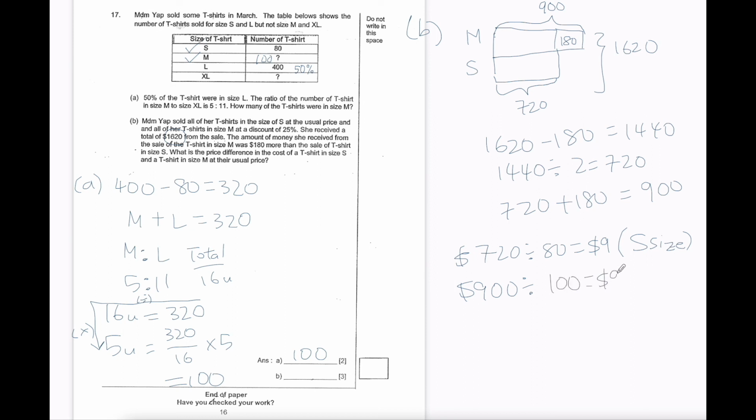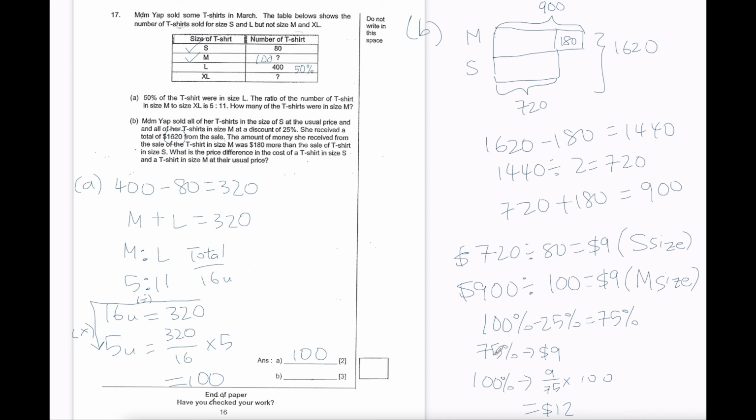It's also $9. But don't forget, this is after discount. Okay, so the discount is 25%. So that means $9 is 75%. What is the original price? You just take 9 over 75 times 100. We're going to get $12.